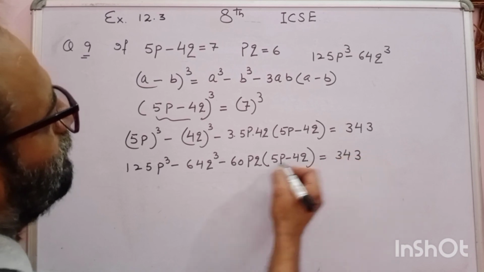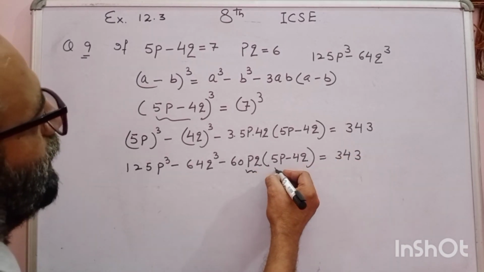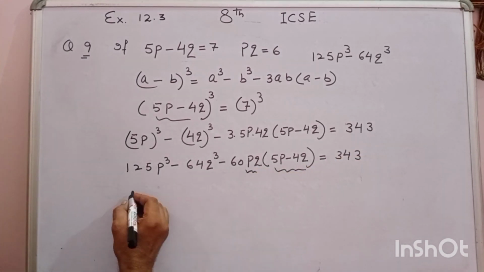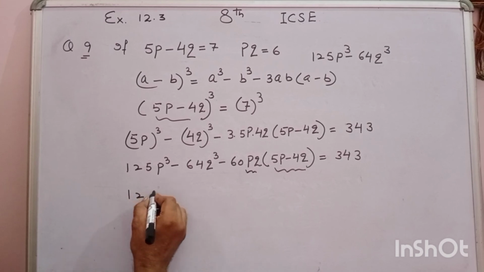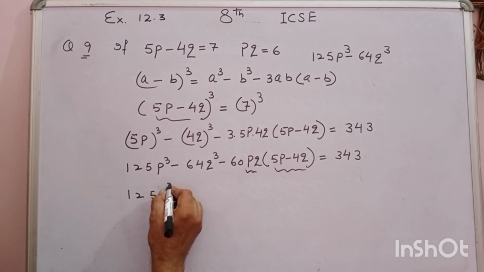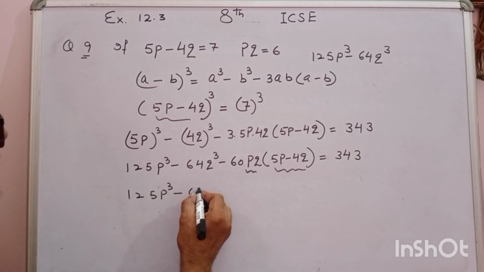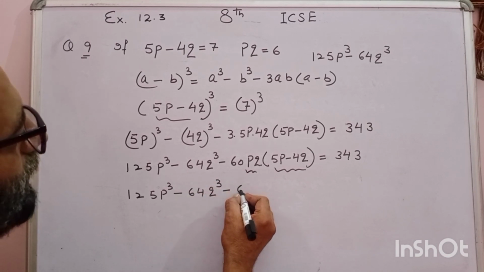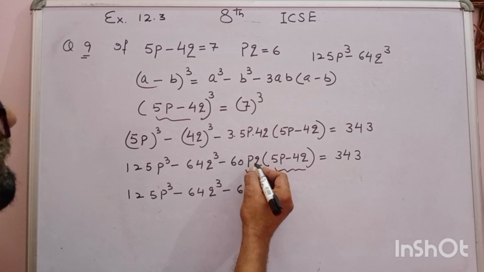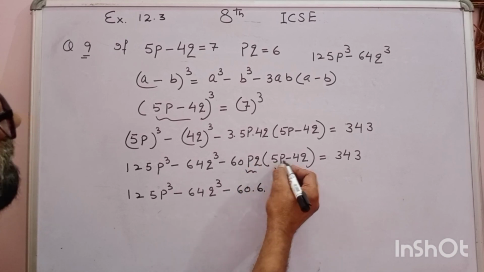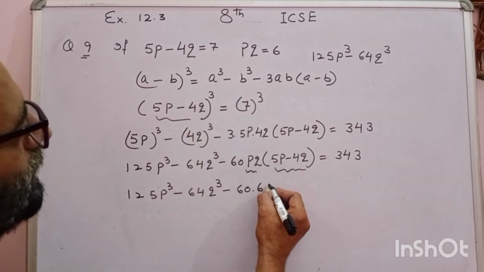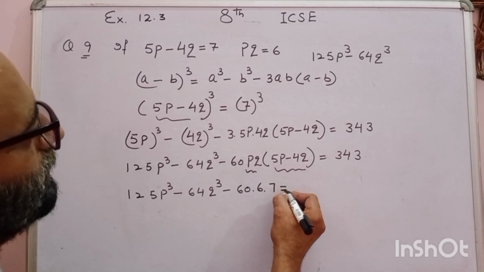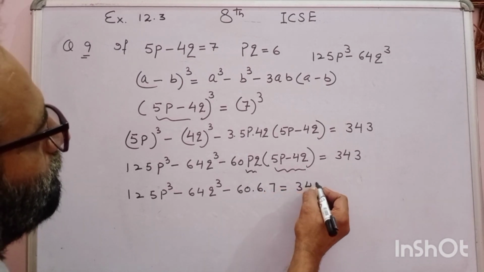Now we will put the values of pq and 5p − 4q. 125p³ − 64q³ − 60 into pq, 6, into (5p − 4q), 7, is equal to 343.